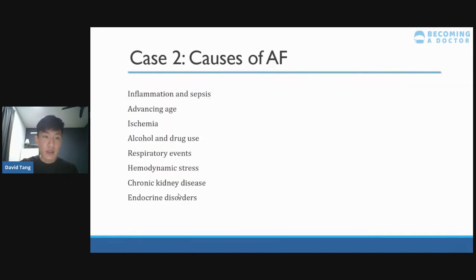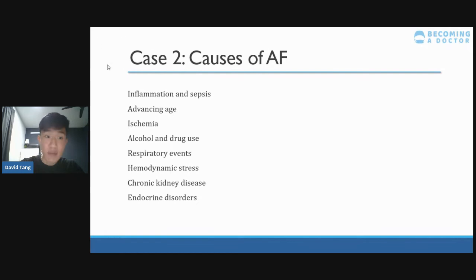Okay. So the causes of AF tend to be quite useful in the clinical setting and exam setting as well. I roughly listed them in a sequence of how commonly they present. On your placements, or when you start as foundation trainees, you tend to see a lot of sepsis and inflammation, for example, patients who are undergoing surgeries, or patients who are in because of an exacerbation of their lupus.